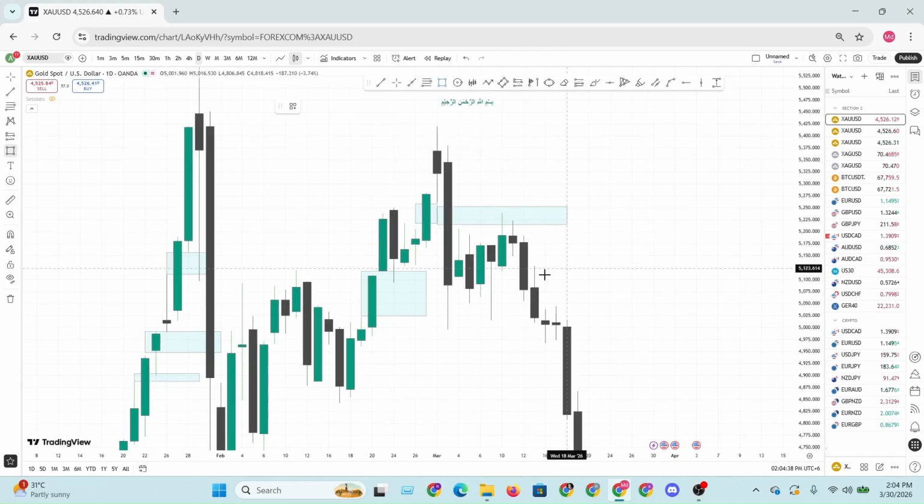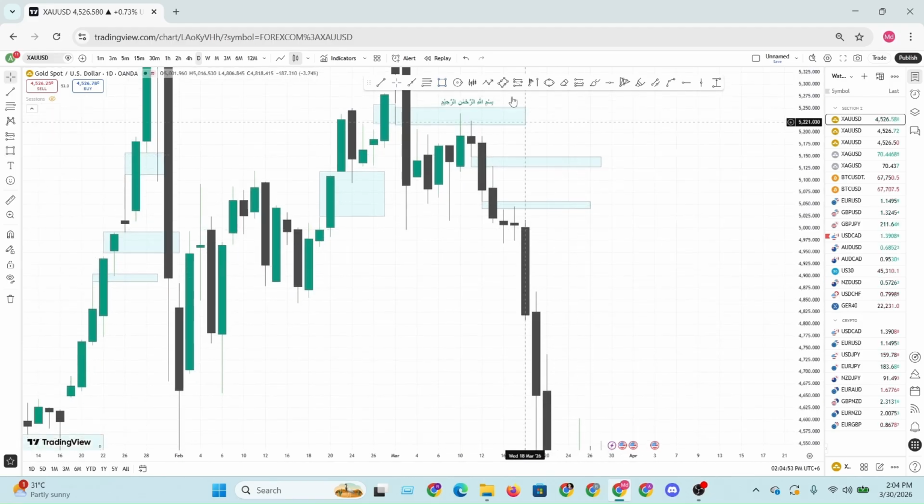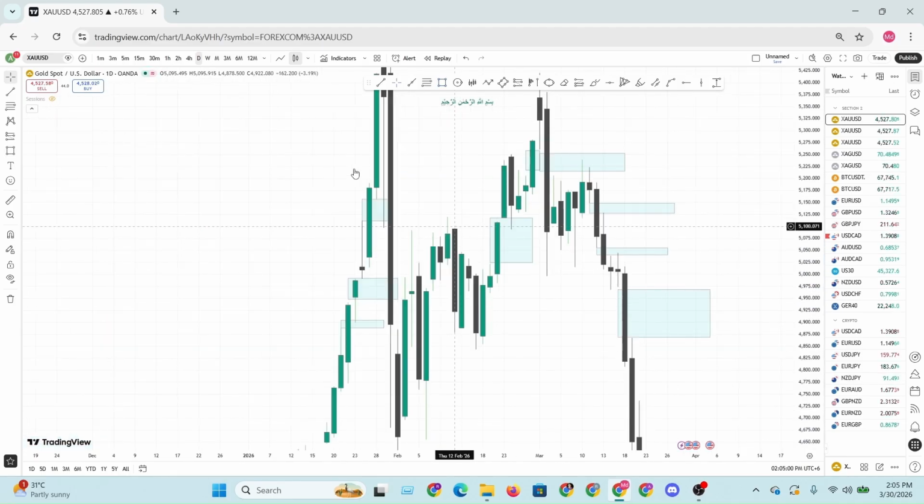Again, the first candle, second candle, third candle. The gap between these candles is called FVG. Again FVG. Again FVG. Okay, this is FVG.